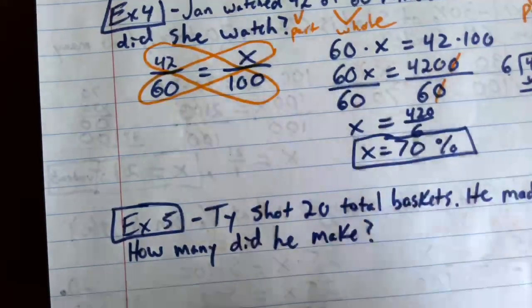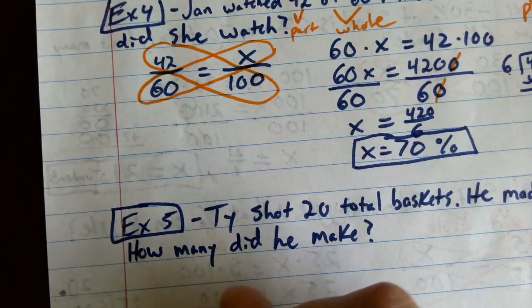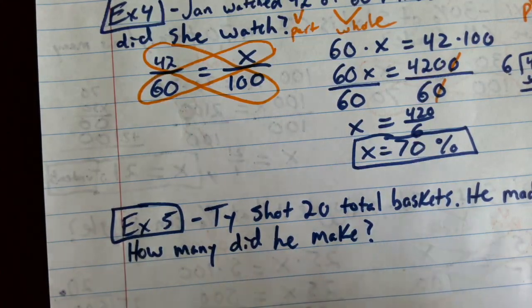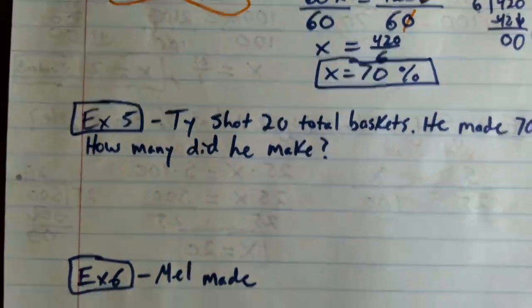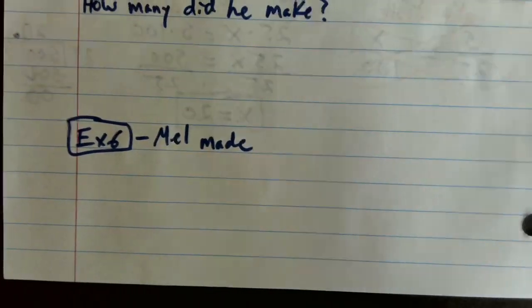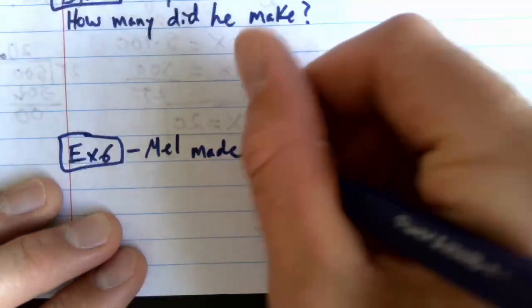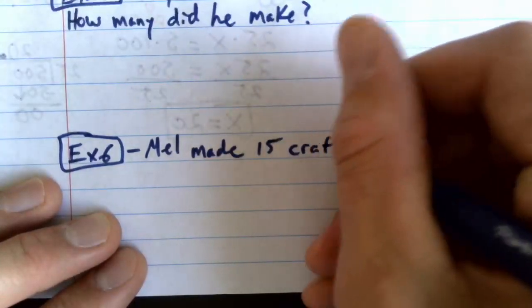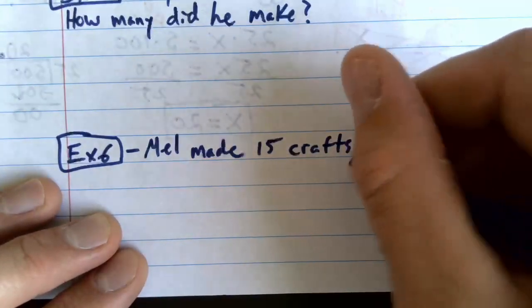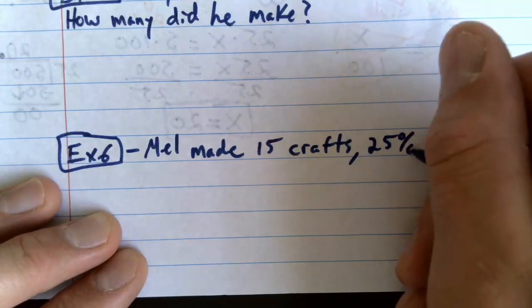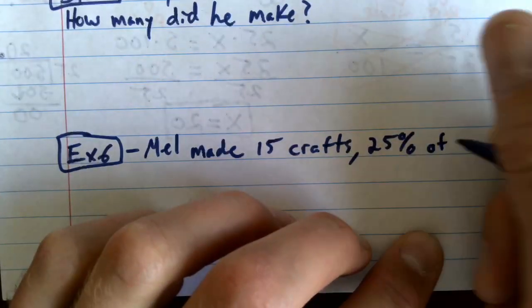Okay, and then number 6 says Mel made crafts. She made 15 crafts. And that is 25% of her total.